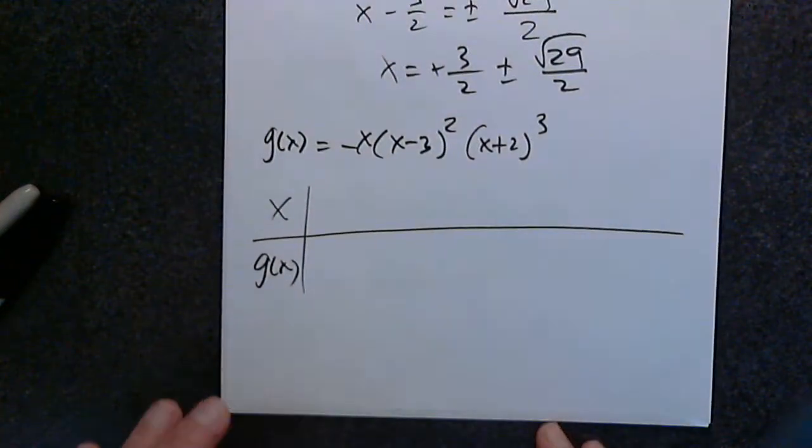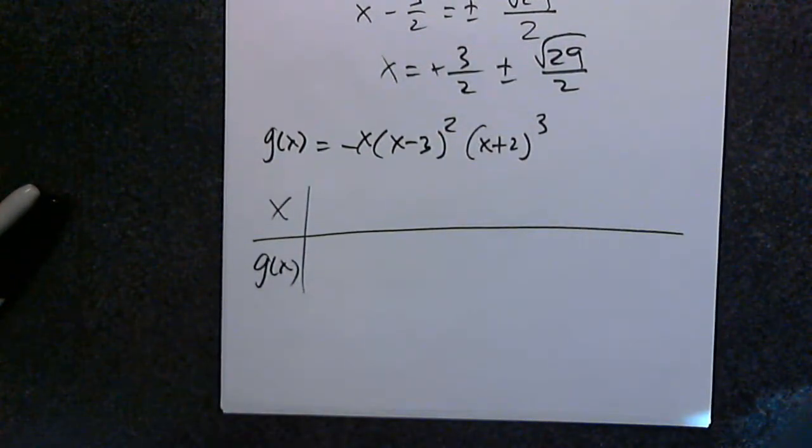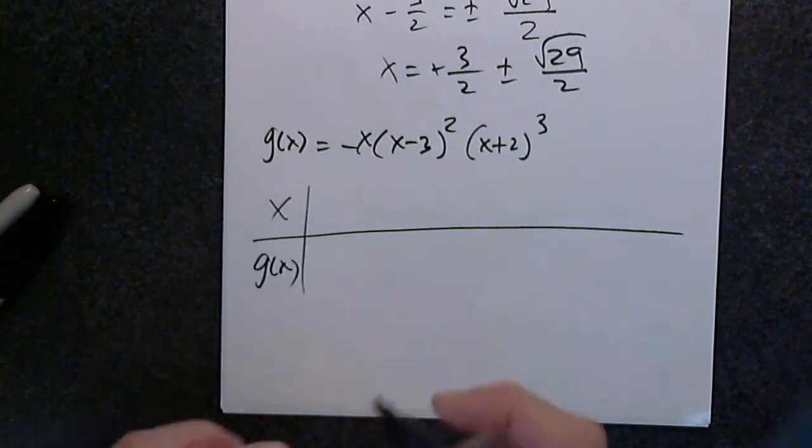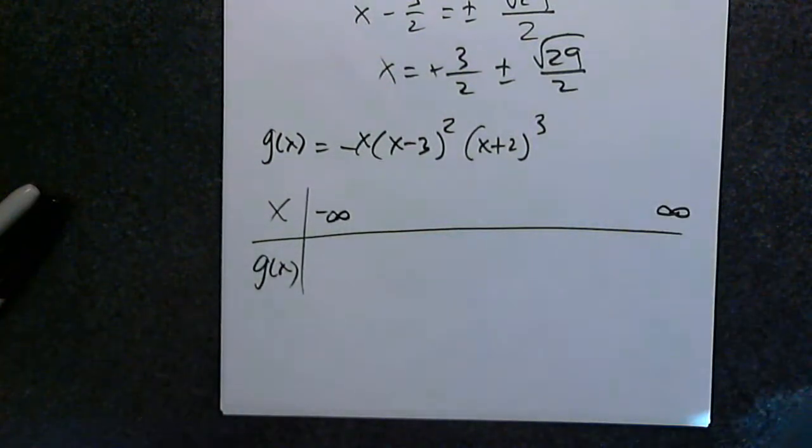Okay, domain of a polynomial function. Like exponential functions, polynomial functions are very friendly. They are defined everywhere. We have no restrictions whatsoever. Okay. What will be the x-intercepts?